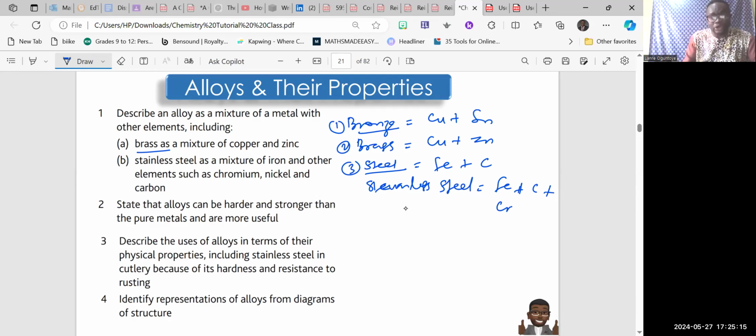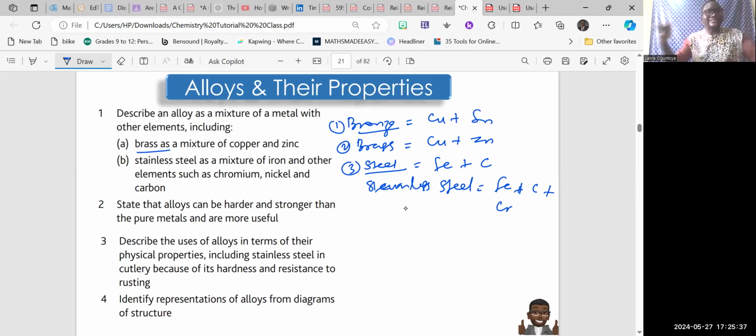They are telling us why we make alloys: so that we can get better properties. If you mix two metals together, one is strong but does not have resistance to corrosion. The other one is lighter or less strong, but has resistance to corrosion.